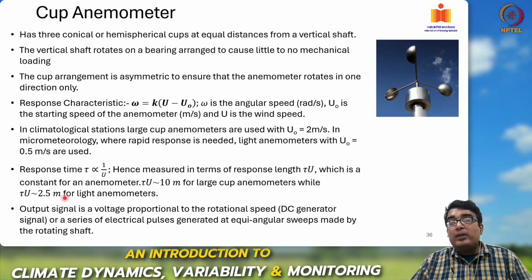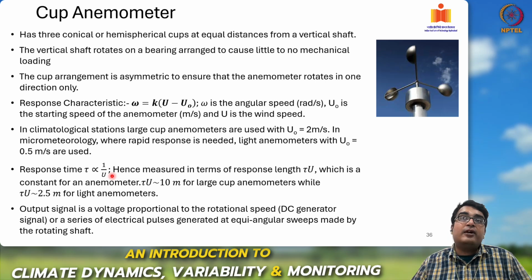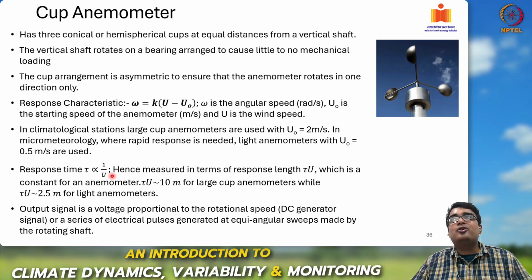Hence, if the wind speed is 5 meters per second and you have 2.5 as the constant here, then a change in wind speed from 5 meters per second will take 2.5 by 5 or half a second to register. So, you get a faster response with light cup anemometers.